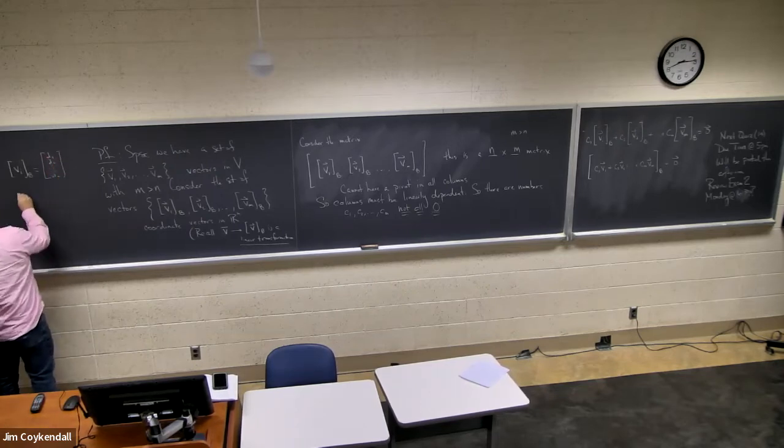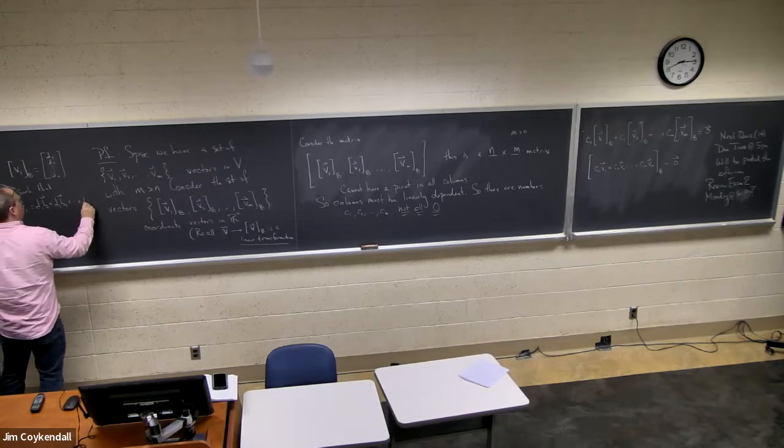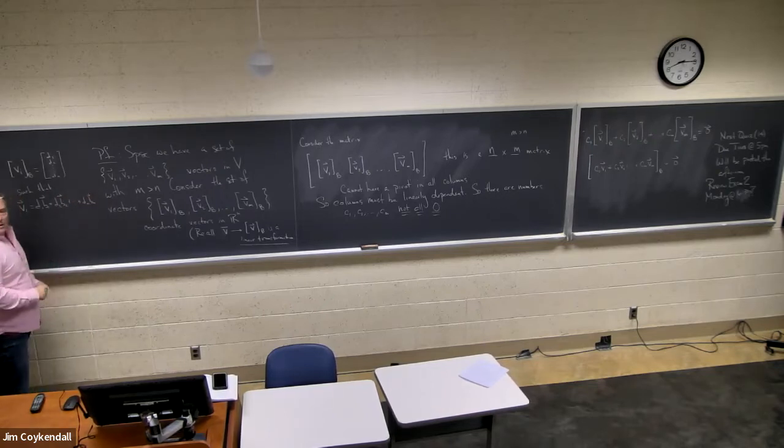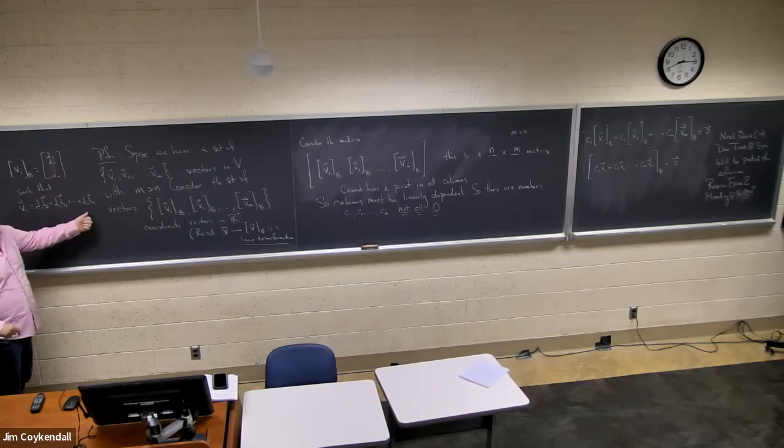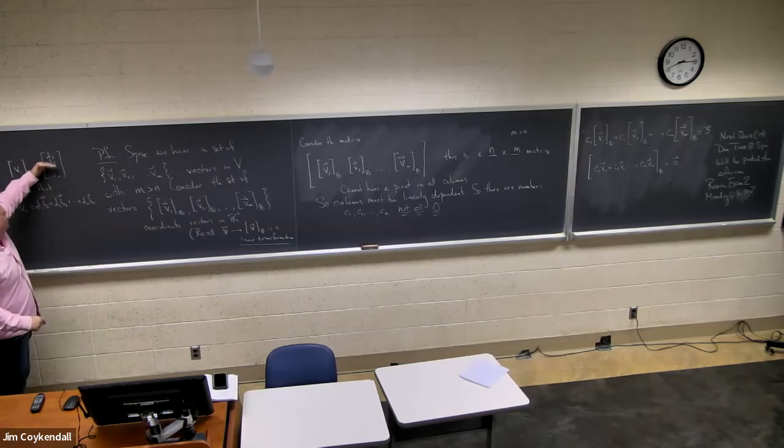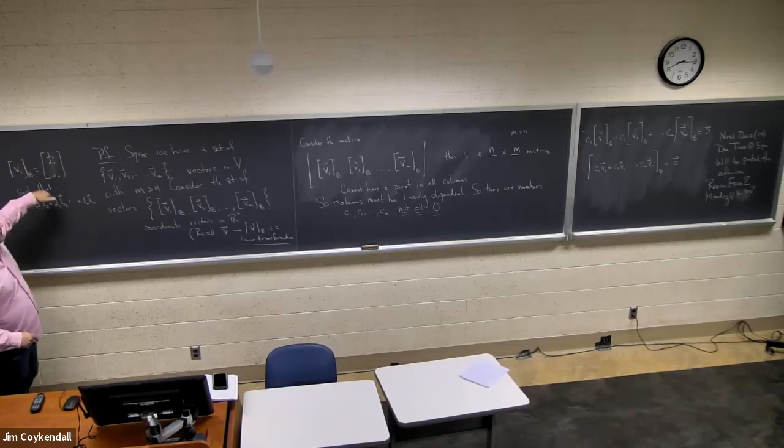This is a column of numbers such that Vi is D1 times B1 plus D2 times B2 plus ... plus Dn times Bn. That's what this means. This means I am expressing Vi in terms of my basis coordinates. And how many coordinates do I need? There are n elements of the basis, so I need n entries to describe it. It's because the basis size is n that I need these n, and that's why I have n rows.